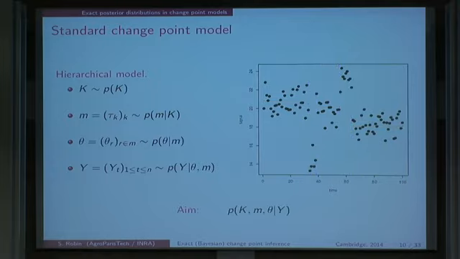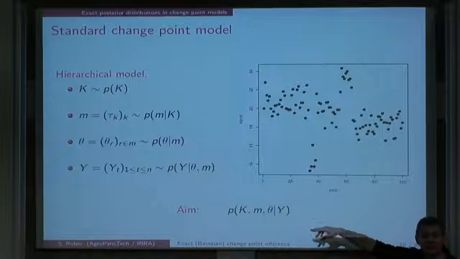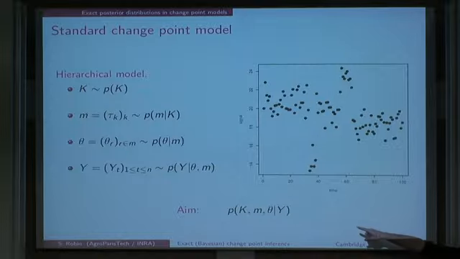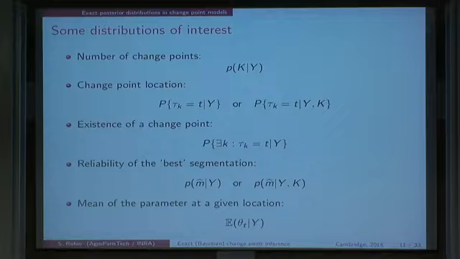And our job is, now we're left with the data, of course, because we don't know the truth, and we'd like to be able to say something about the conditional distribution of the number of change points, the segmentation itself, the parameters, etc. Maybe this is too ambitious. Maybe I don't want this full, complete joint posterior, but there is a series of questions that I would like to be able to answer.